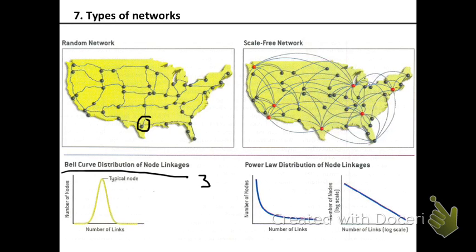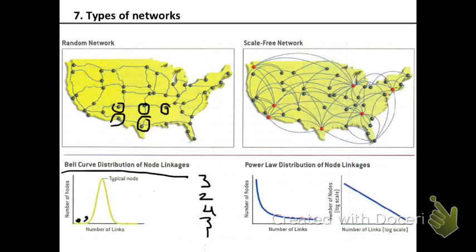It has 3 edges. And I look at this node, it has 2 edges. This one has 4 edges. This one has 3 edges. This one has 1 edge, etc., right? Then I'm counting how many nodes have 0 edges, then I plot it here. How many nodes have 1 edge?